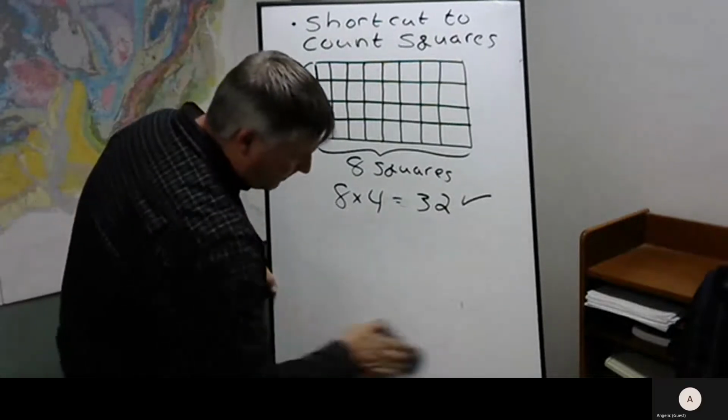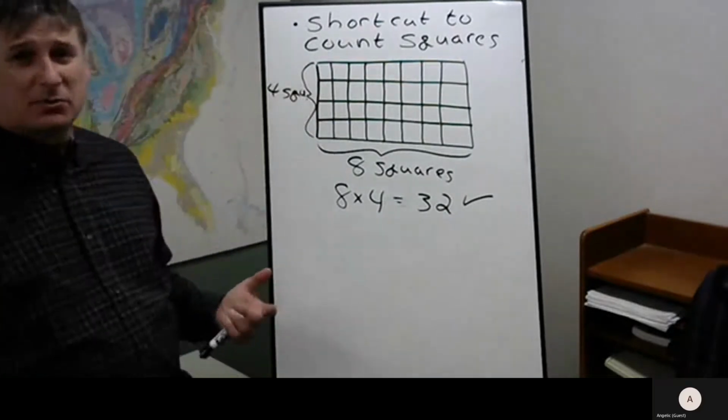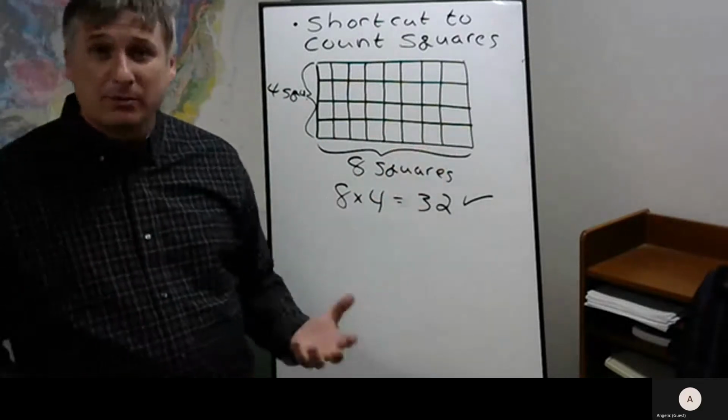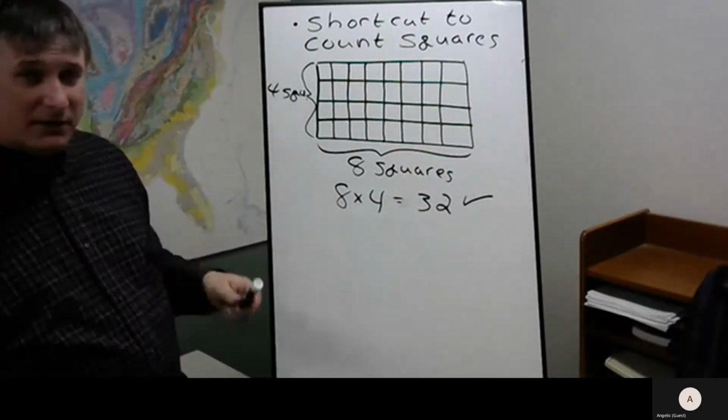But there's even a quicker way of doing this. We don't have to think in terms of squares. We can think in terms of just the measurements on the perimeter of this shape. And here's the idea.